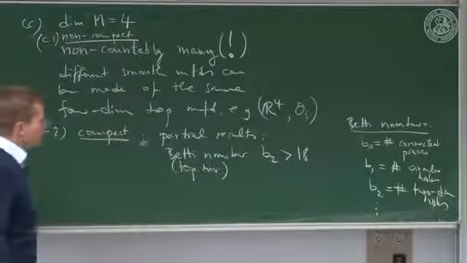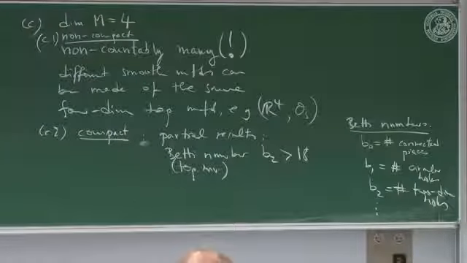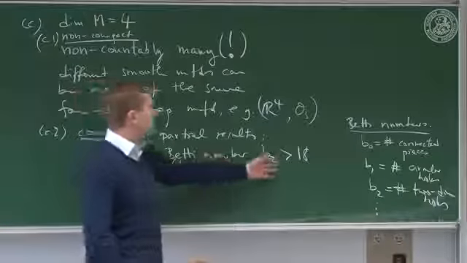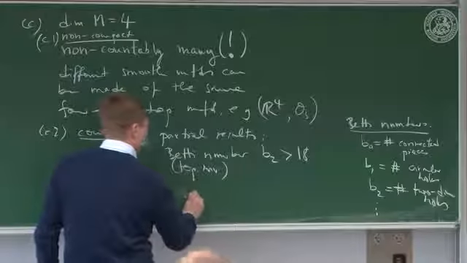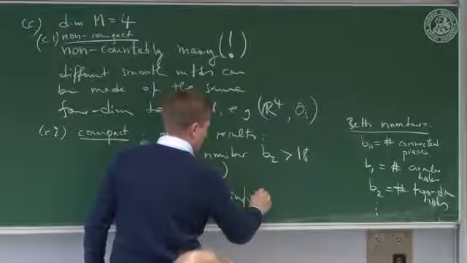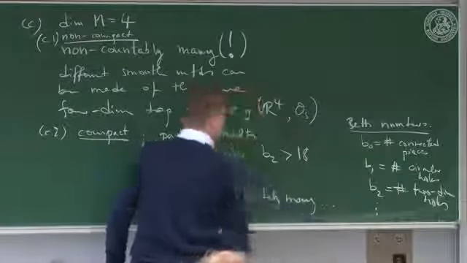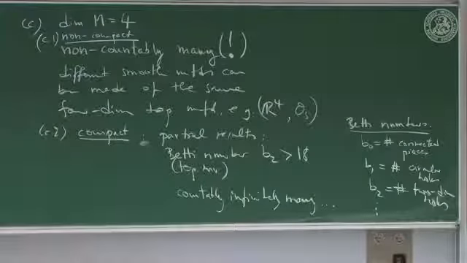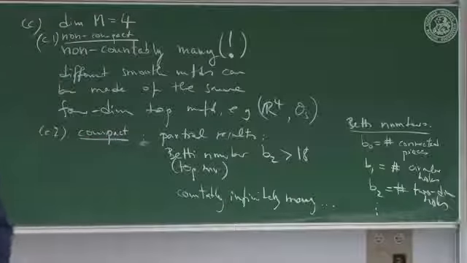And if the number of two-dimensional holes, like say the pretzel, but with 19 holes or so, okay, the Betti number is greater than 18, then you can show there are only countably infinitely many different smooth manifolds. But you see, okay, compact would probably not be space, but anyway, it's still infinitely many.